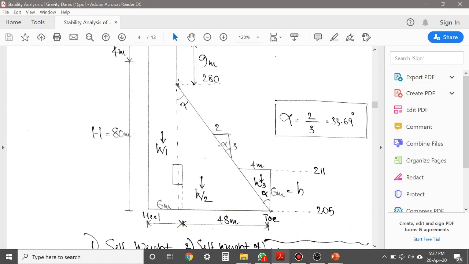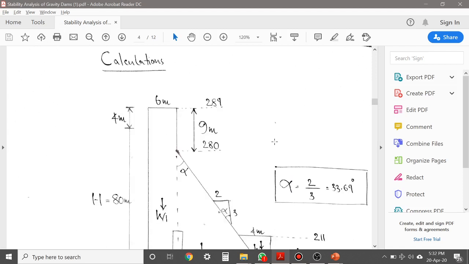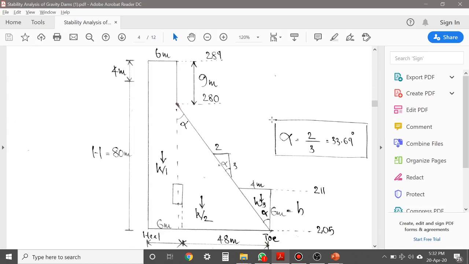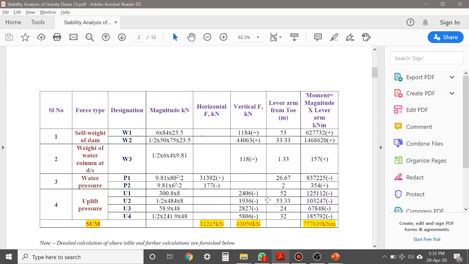Okay, for a triangle, its self weight will be acting at B by 3 from base and 2 by 3 from apex. So if you take 2 by 3 of 48 you will get the value 33.33. Similarly, while taking the lever arm distance of W3, you can calculate its distance to toe also, and the distance will be 1.33.